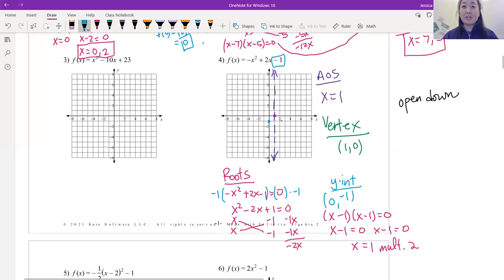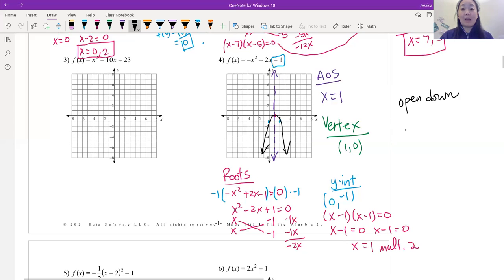What you see on one side, you see on the other side. Right there, I see symmetrical points. Do you? All right. So here we go. It opens down, and this is going to look something like this. So that's going to be right here.